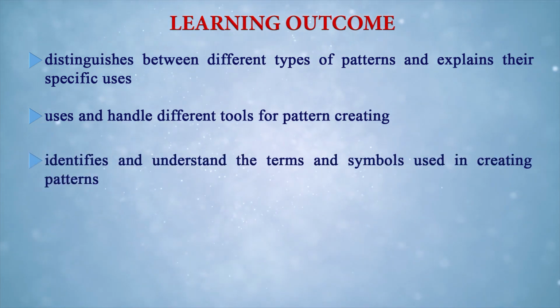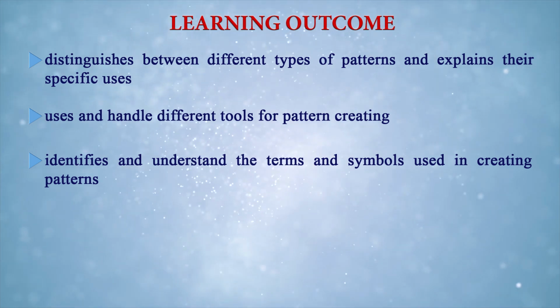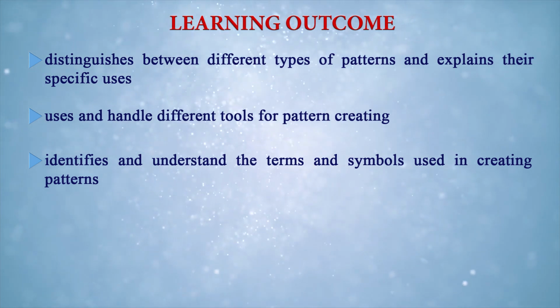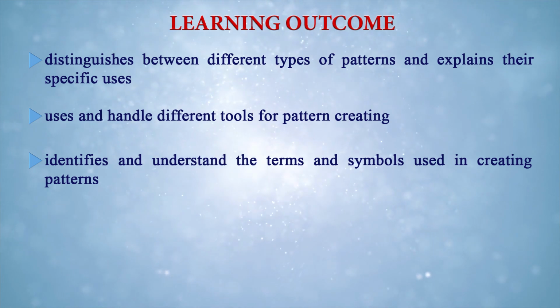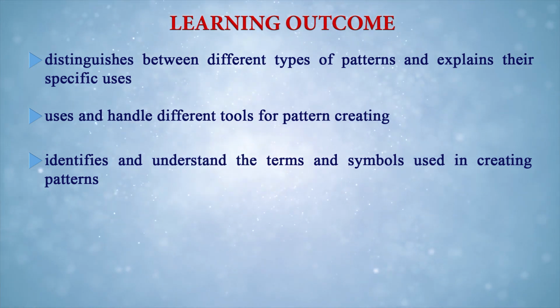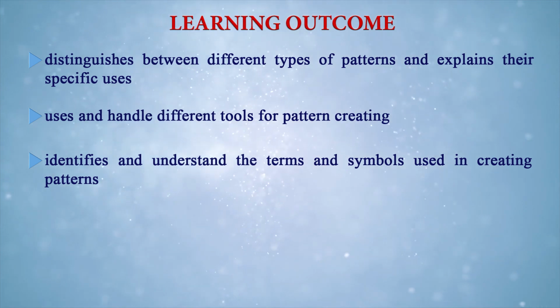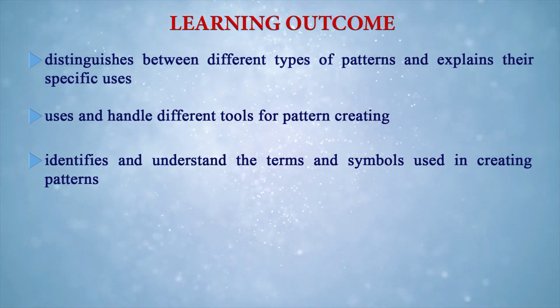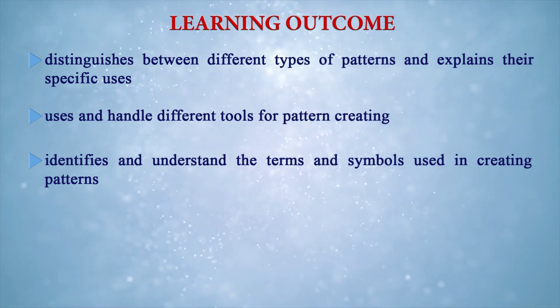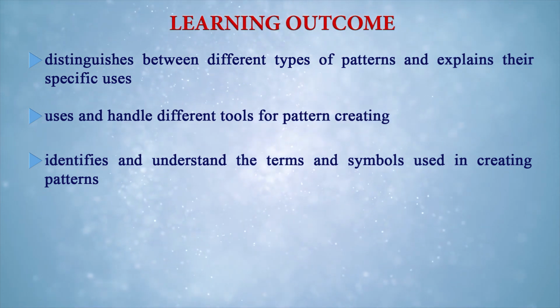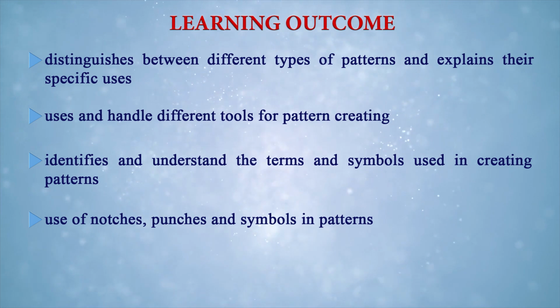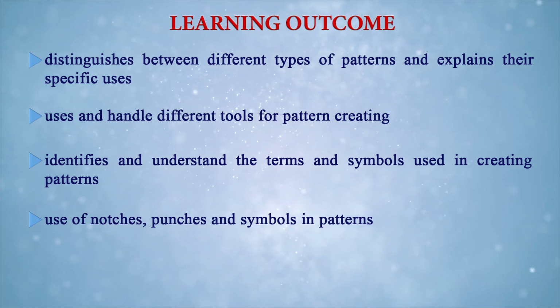Then you can identify and understand the terms and symbols used in creating patterns. What are the different terms used for creating a pattern, and what symbols are marked on the pattern to make it easily understood. Then the use of notches, punches and symbols on a pattern.